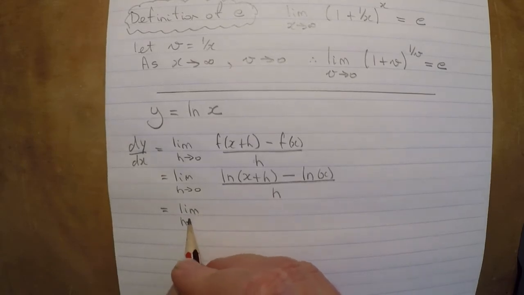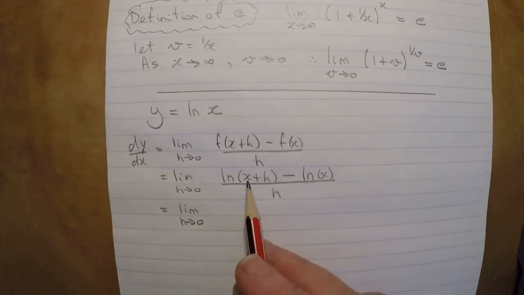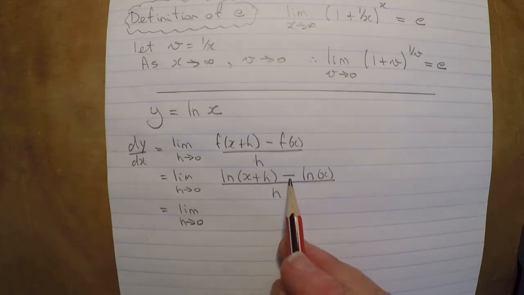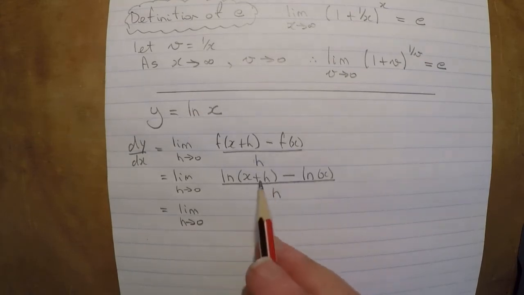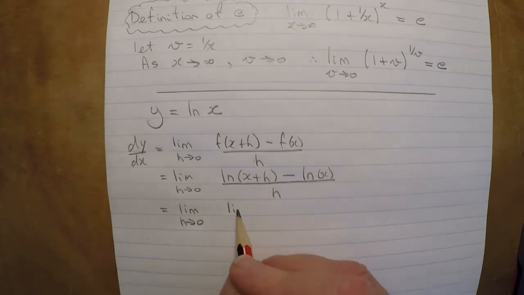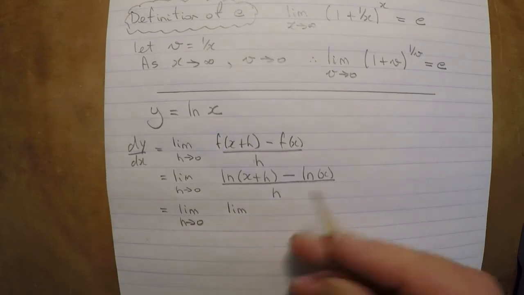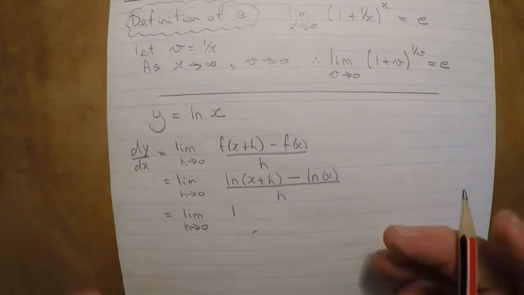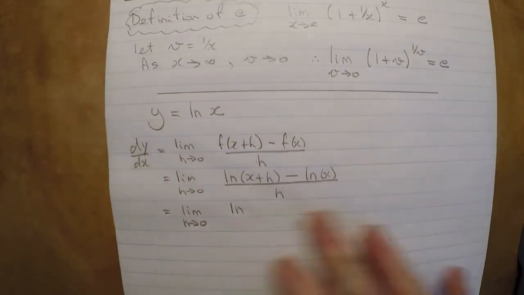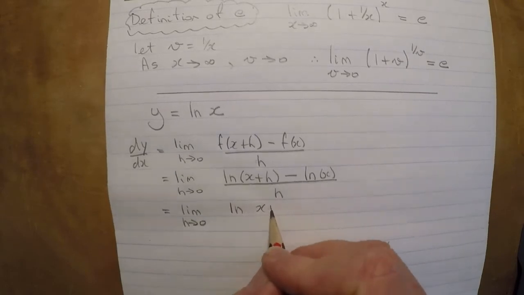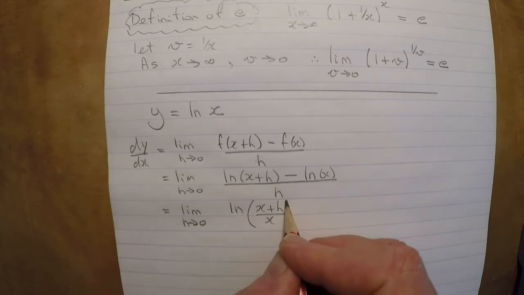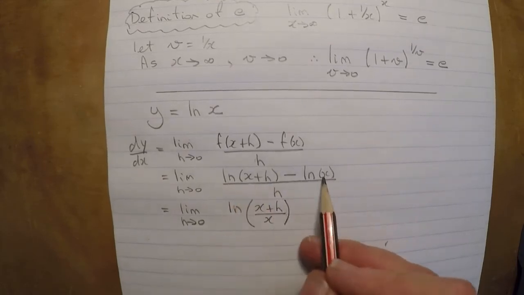So now we need to look at this numerator. When we subtract logarithms, it's the same as dividing their arguments. So we would have the limit, which I've already written, of the natural logarithm of x plus h over x. So that's the numerator.